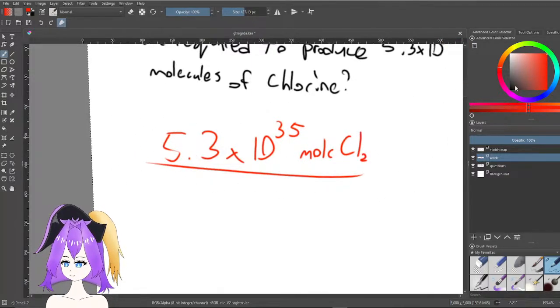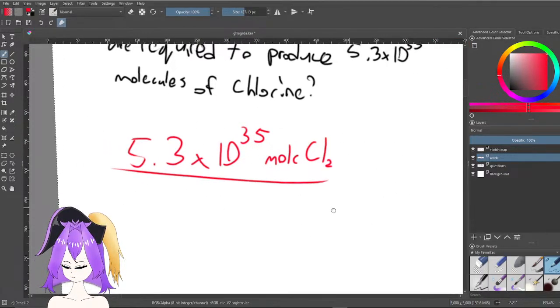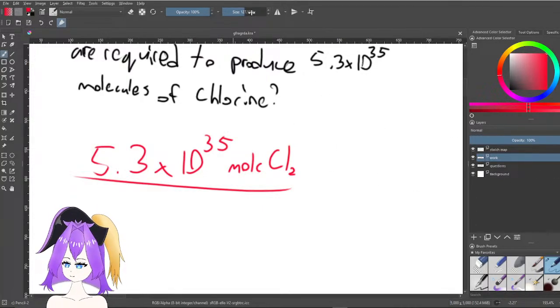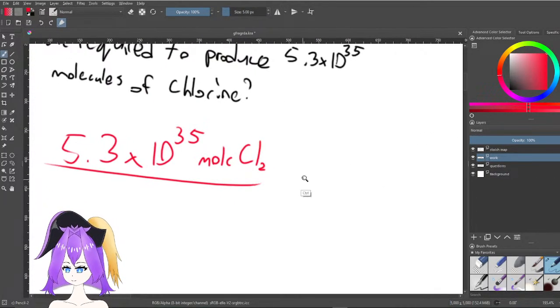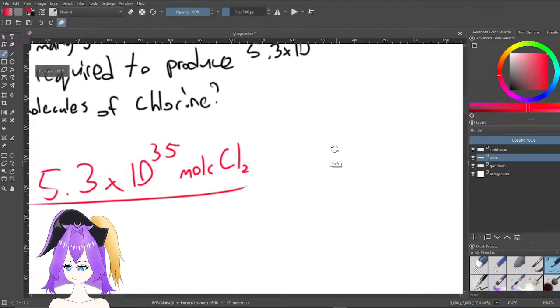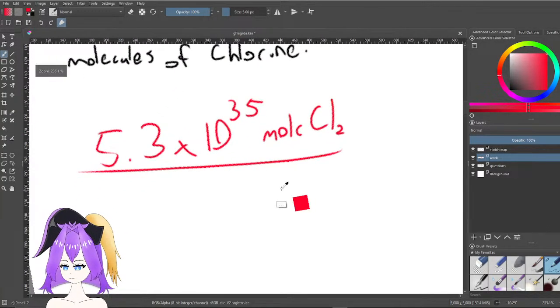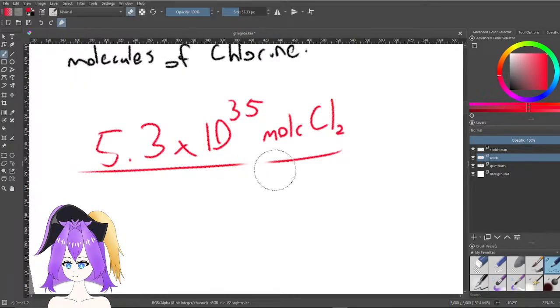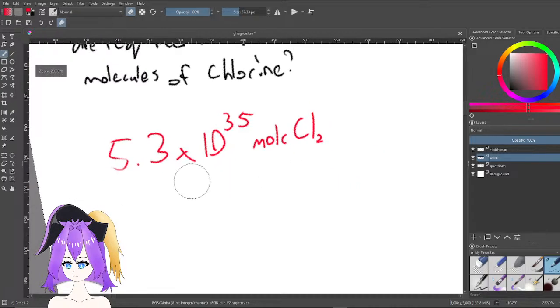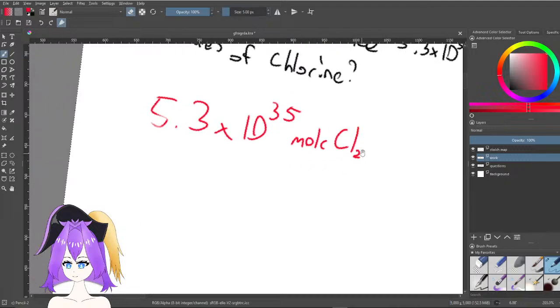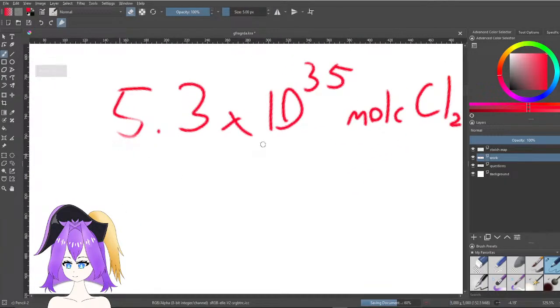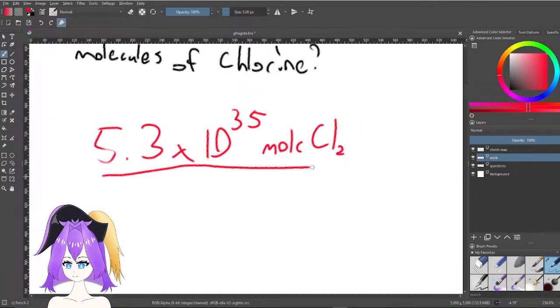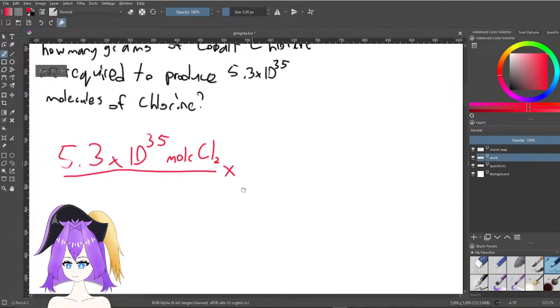There we go. I'm gonna erase this line actually, I don't like it. Here we go. I spent this entire time formatting the screen. So that's molecules of chlorine.